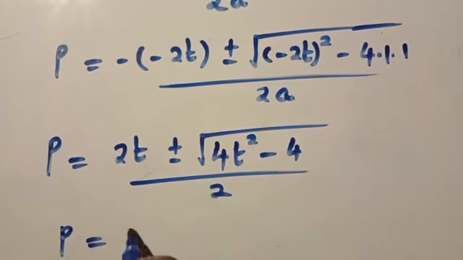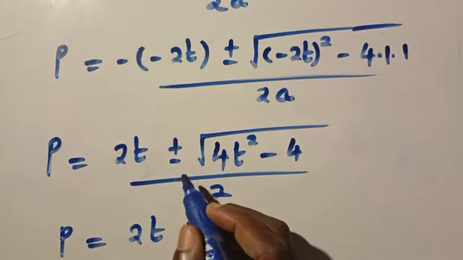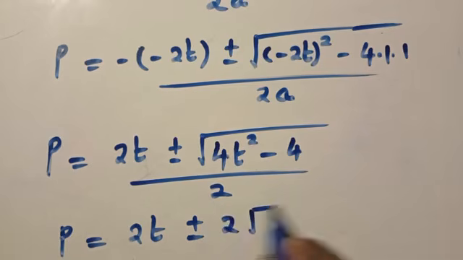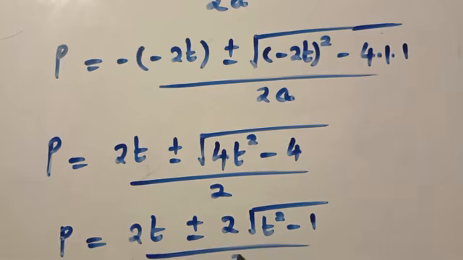By taking out 4 and applying the square root, we have 2 times the square root of t squared minus 1, divided by 2.